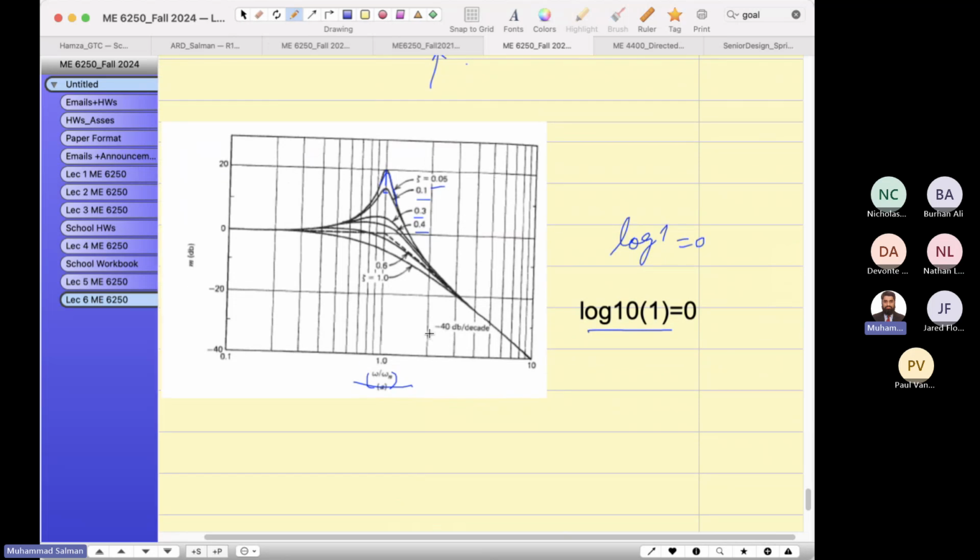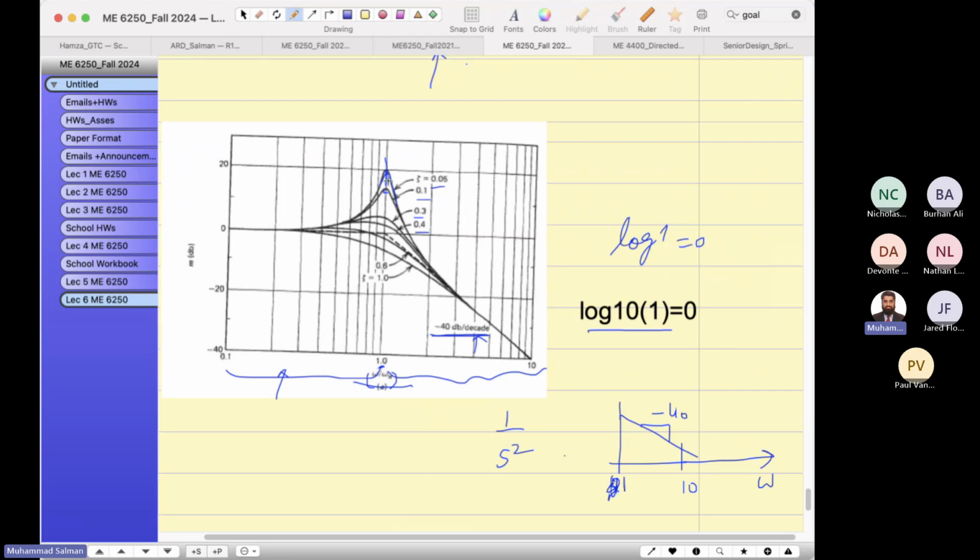You see the slope is decaying by minus 40 dB per decade because if you have 1 over s square, the Bode plot will be negative 40 per decade, like from 1 to 10. We call this a frequency decade, or 0.1 to 1 decade here.